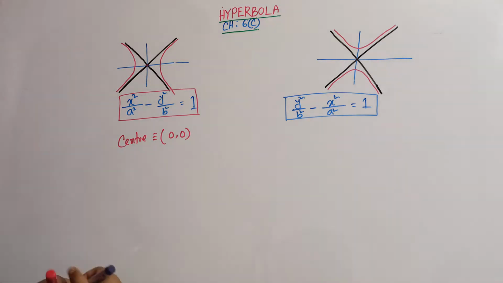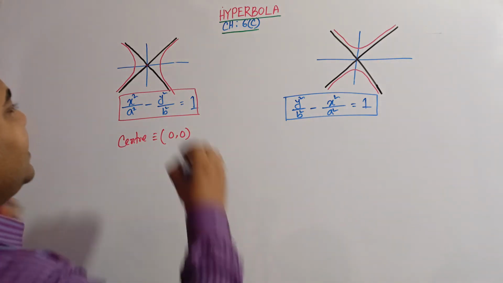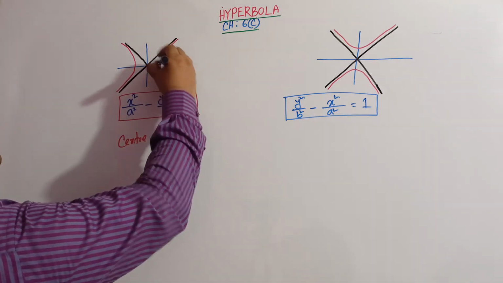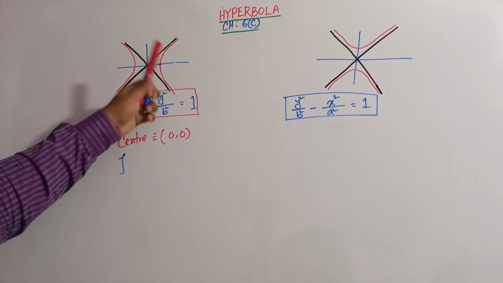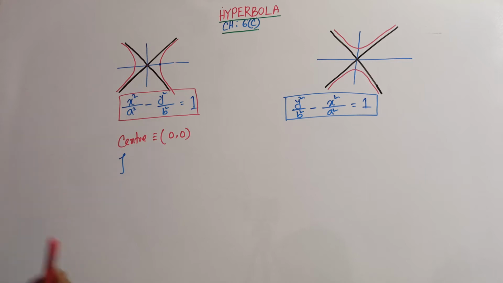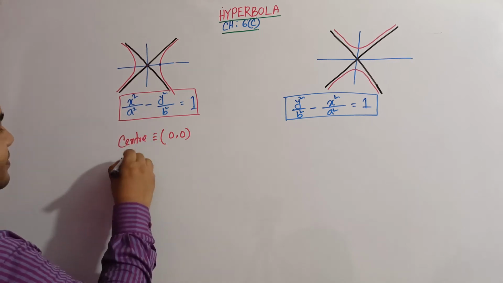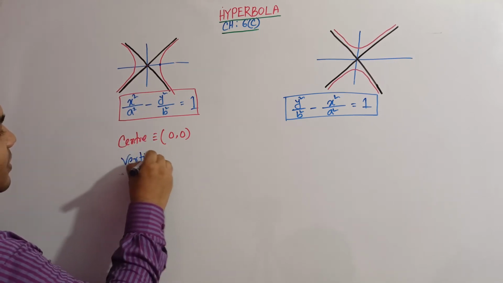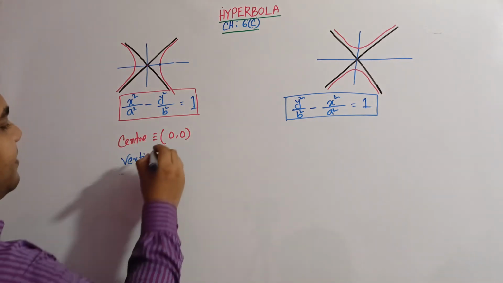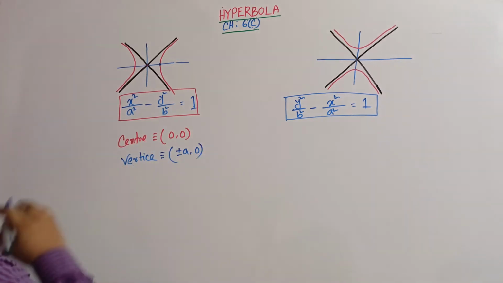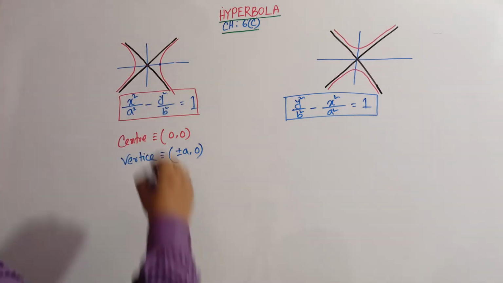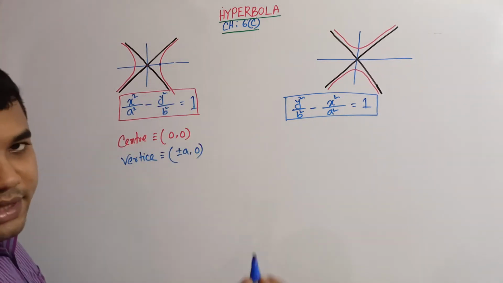Secondly, we're going for the coordinate of the vertex. The coordinate of the vertex should be plus minus a comma 0.